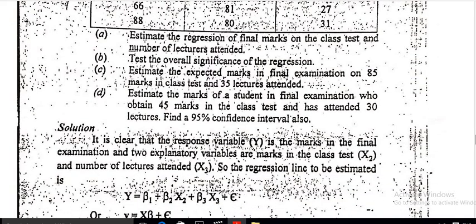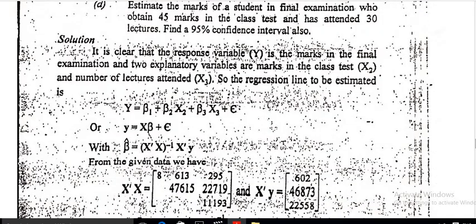Estimate the marks of a student in the final examination who obtained 45 marks in class test and has attendance 30. Also find the 95% confidence interval for beta 1, beta 2. Here we have y is equal to beta 1 plus beta 2 x2 plus beta 3 x3, and beta hat is equal to x transpose x inverse x transpose y.